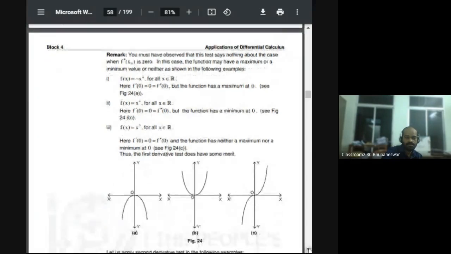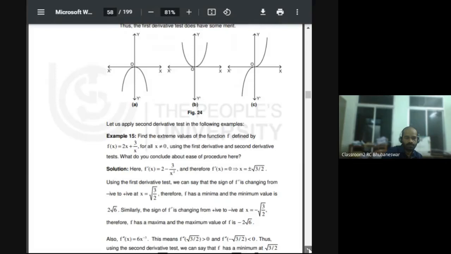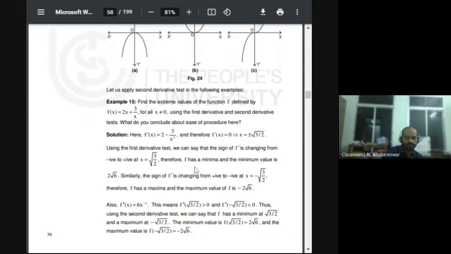So now let us discuss the same with the help of an example. Look at example number 15 on page number 58.